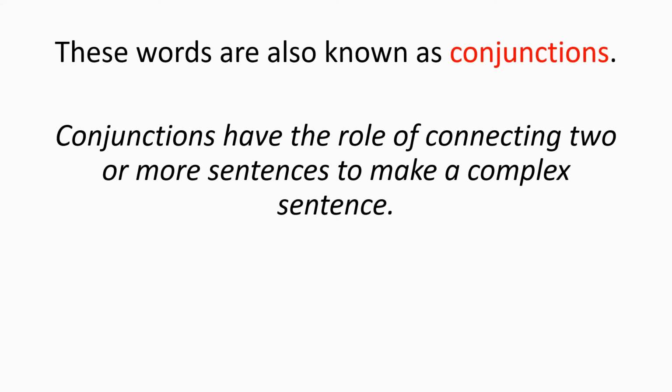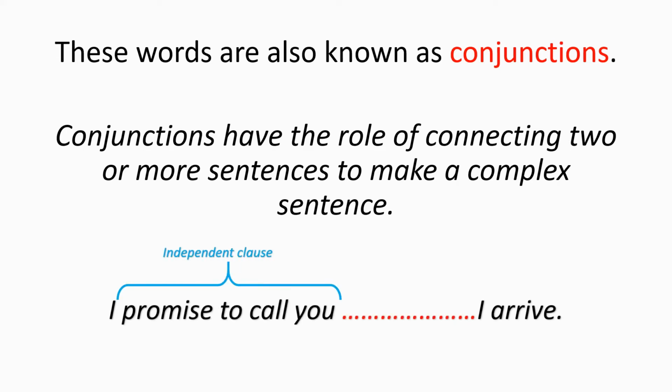If you look at the example here, I promise to call you is a complete sentence. It has a subject, verb, and object, and it's giving you a complete meaning. Saying I promise to call you means I will call you. On the other hand, the sentence I arrive is also complete in meaning, because subject and verb are enough to make a sentence. But if we want to join these two sentences together and make one dependent on another, we need the time words.